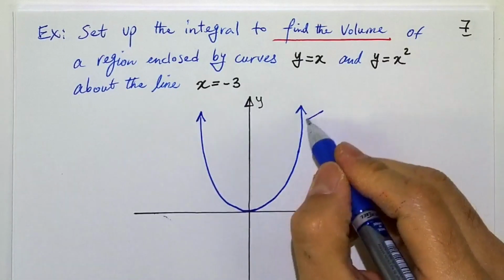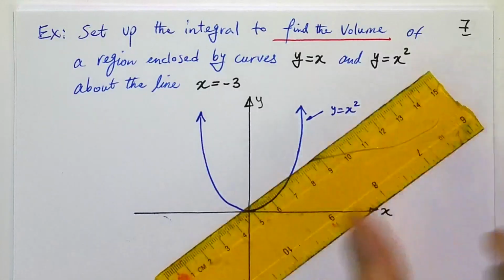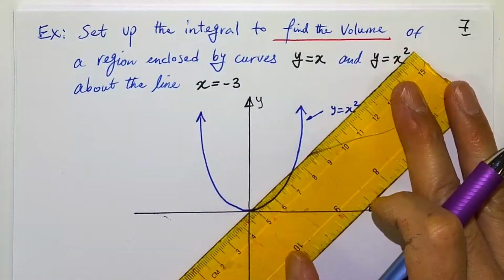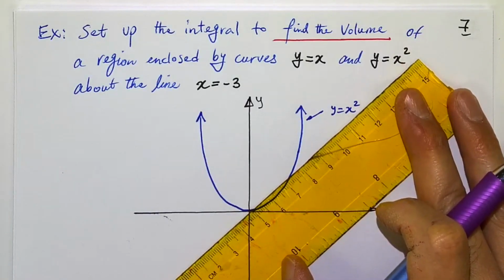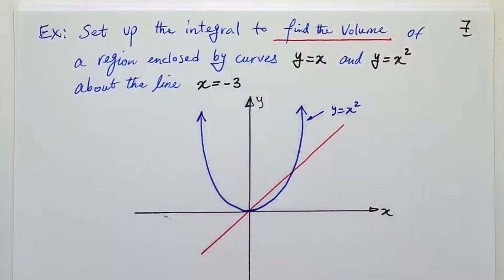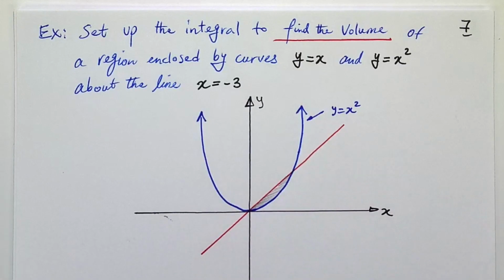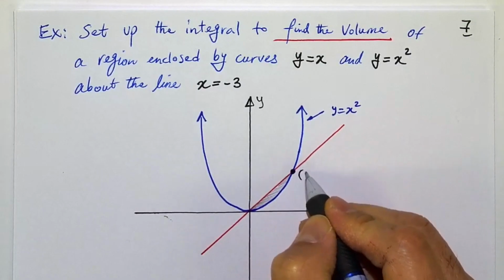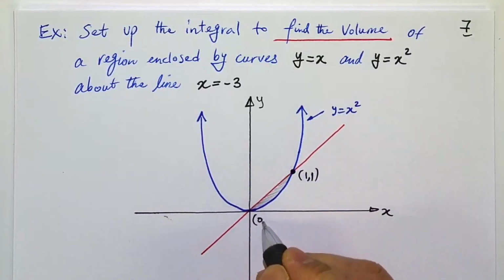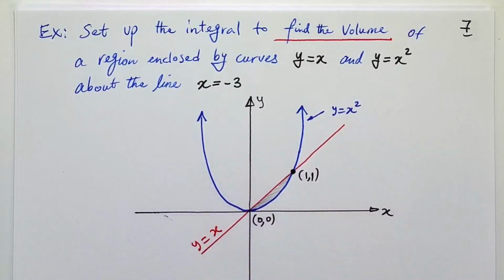And so this is our y equals x squared graph. And then let's draw the y equals x line. And we have that familiar region, which we've used in several examples. And that point is, of course, (1, 1). And we have (0, 0) here. And this is, of course, the y equals x line.